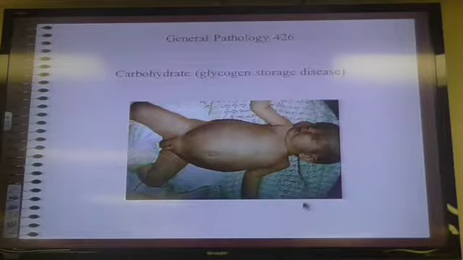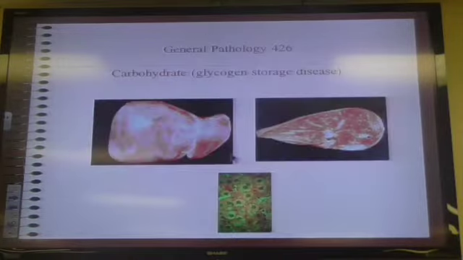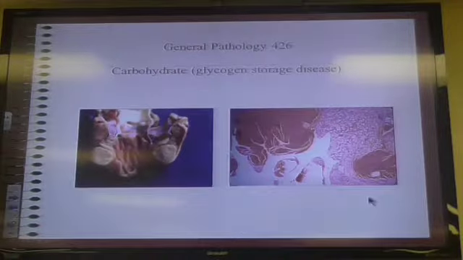And this is a child that has one of the glycogen storage diseases. Why do you think his belly is so big? His liver is accumulating the glycogen. And that's what it looks like. That's a human liver that's full of glycogen. And this is a rabbit, actually.